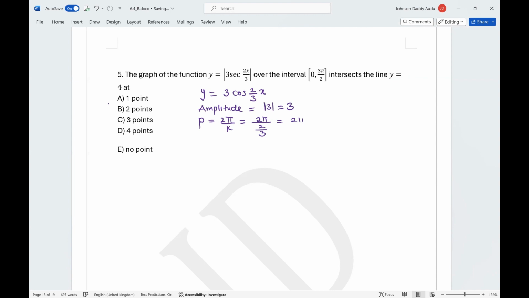This is nothing but 2 pi times 3 over 2, which is just 3 pi. All right. And you can see that we don't have a horizontal shift. So it means ordinarily our graph should start from 0 to 3 pi.